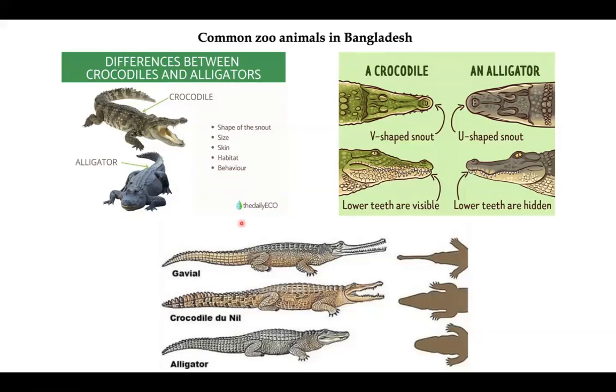So this is how we can identify the difference between these two. And in terms of size, I would say the alligators are larger and heavier than the crocodile. Their color is also different. Most of the time, the alligators are blackish and crocodiles seem to be greenish black in color.